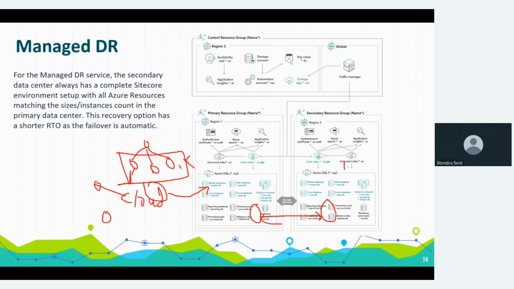But if this whole region goes down, and you're talking about the sticky session, then it will recreate those sessions. And that is what RTO is, right? There is a time it will take to point to the different web apps.